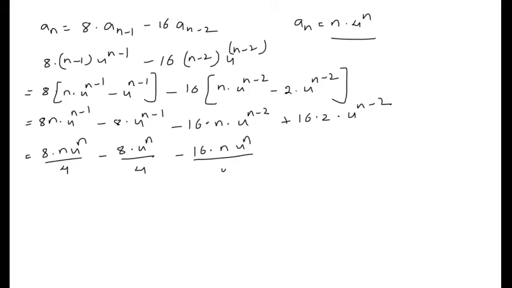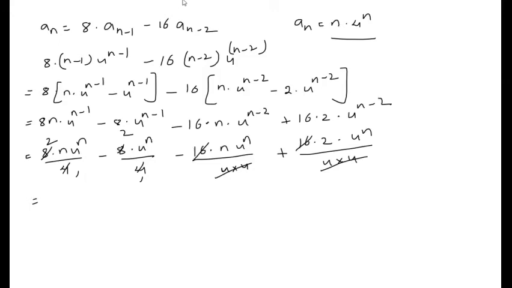I am writing 4 square as 4 into 4; 4 square is nothing but 16. So 16 into 2 into 4^n divided by 4 square. 4 square we can write as 4 into 4. So 4 ones, 4 twos, 4 ones, 4 twos, and this 16 and 16 will be cancelled, and 16 and 16 will be cancelled.